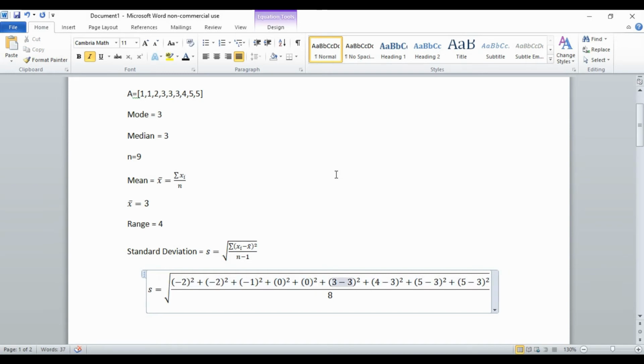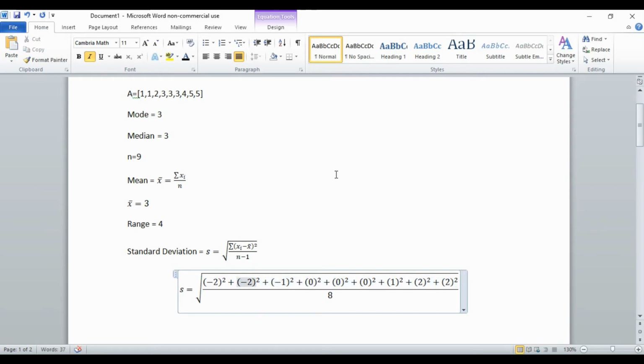But I'm going in order. 3 minus 3 in each of these cases is 0. 4 minus 3 is just 1. And 5 minus 3 is 2. And 5 minus 3 is 2.